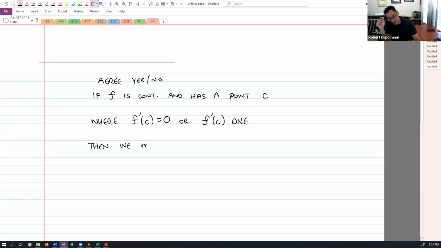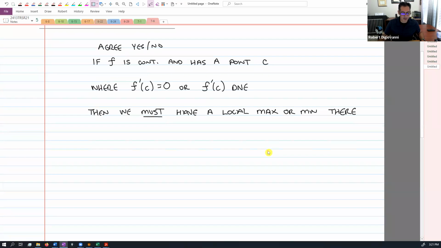then we must have a local max or minimum there. I want you to read that and think about it and agree yes or no that this is true.